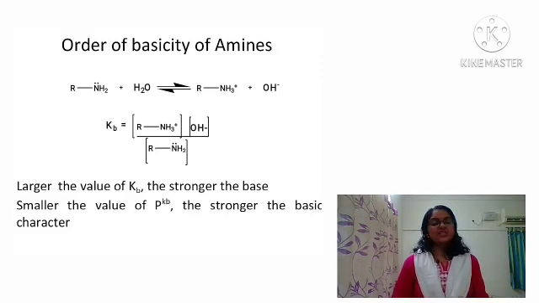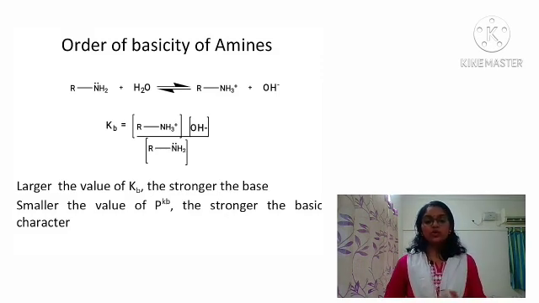And since the amines are basic in nature, the equilibrium constant, K, is expressed in terms of Kb, that is the basicity constant. This basicity constant is equal to the ratio of the product concentration, that is the alkyl ammonium hydroxide concentration, to the reactant concentration, that is whichever amine we are taking. So when we take the ratio, we can find out the Kb value.